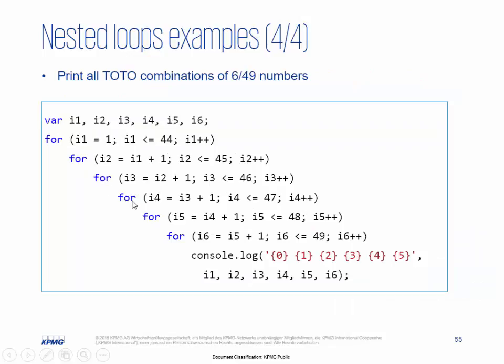1, 2, 3, 4, 5, 6. Okay, again, going through combinations of 6 numbers and running from 1 to 44. So trying to find all the combinations of all the numbers between the first 1 to 44, then starting from 2.